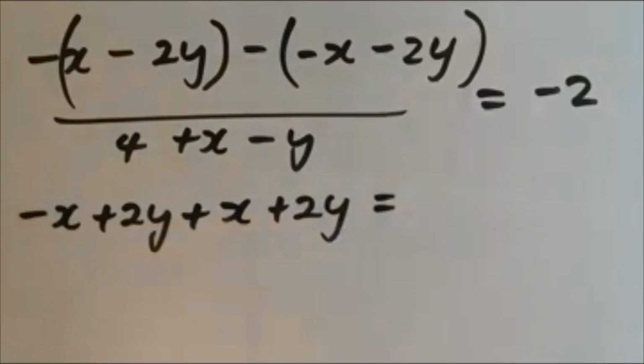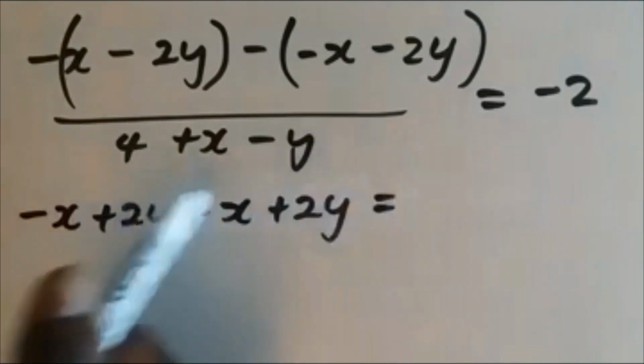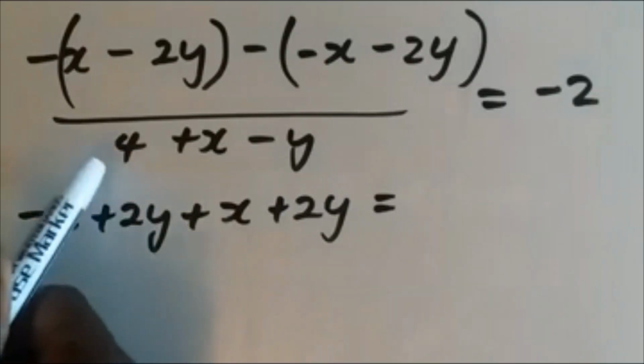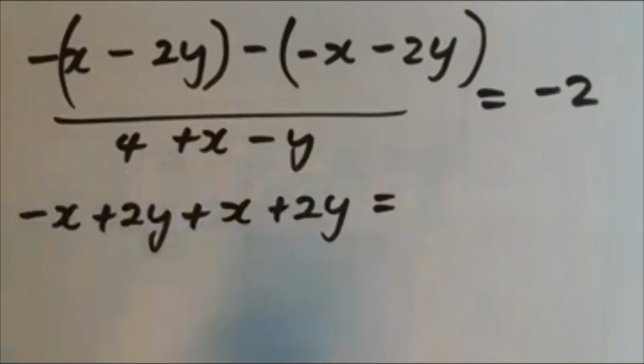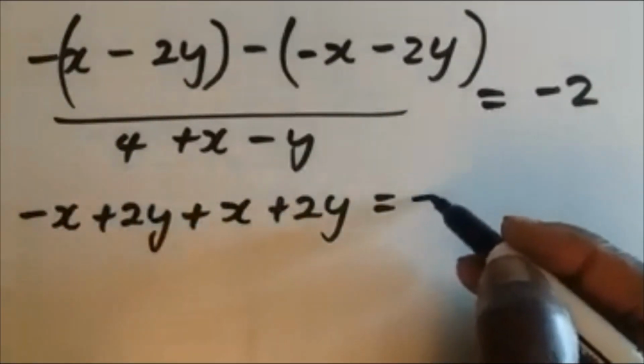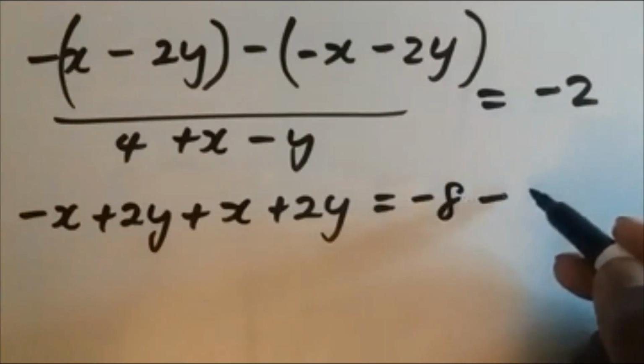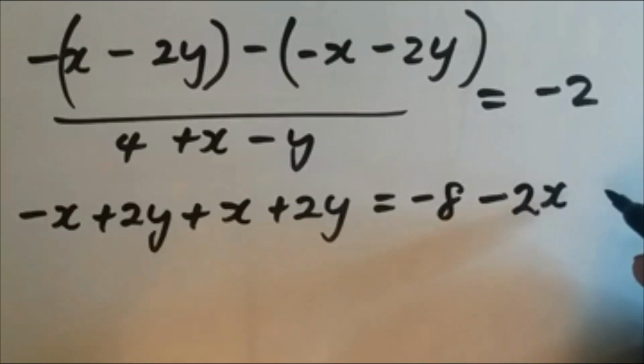And now we'll cross multiply here. So we'll multiply -2 by the denominator, and we have -8 minus 2x add 2y.